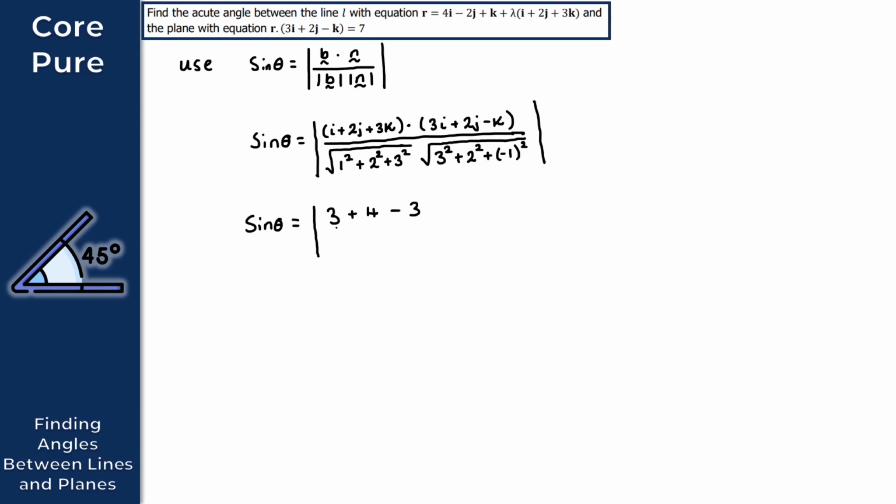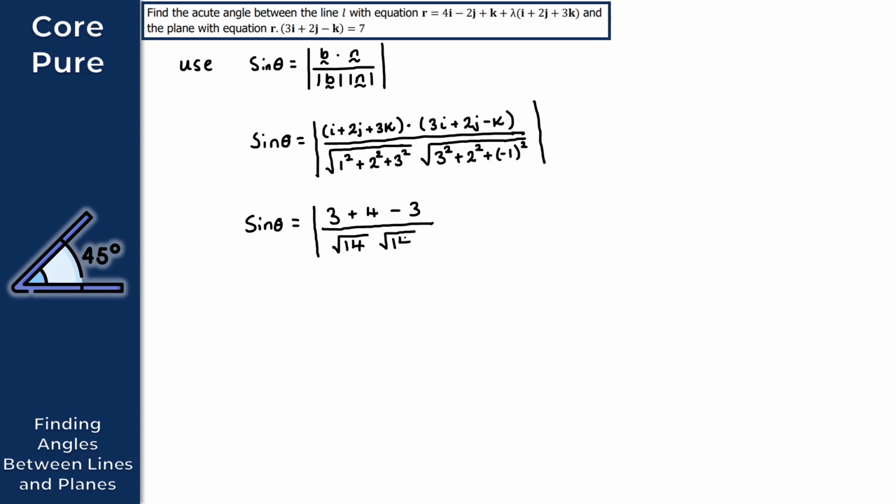And this is all over, 1 squared plus 2 squared plus 3 squared, so 1 plus 4 plus 9. That's the square root of 14. And same again here: 9 plus 4 is 13, plus 1 gives us the square root of 14.